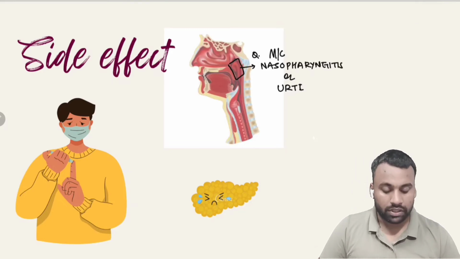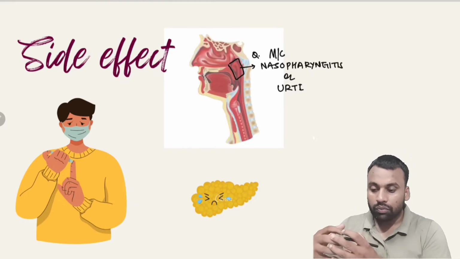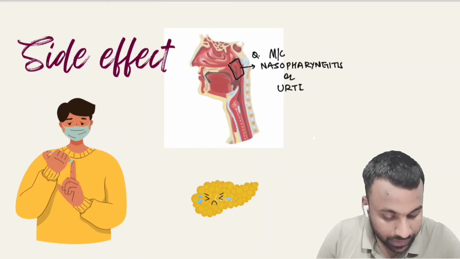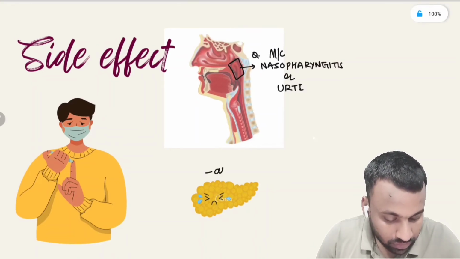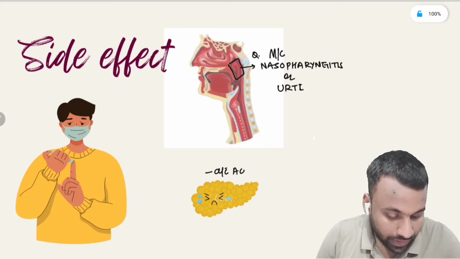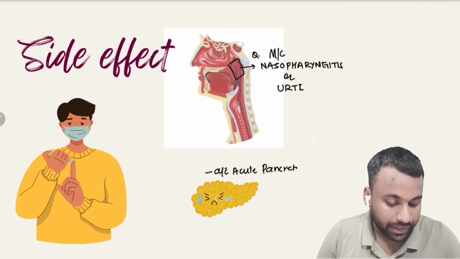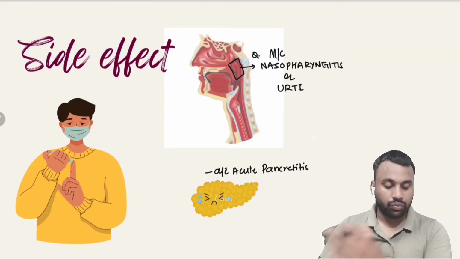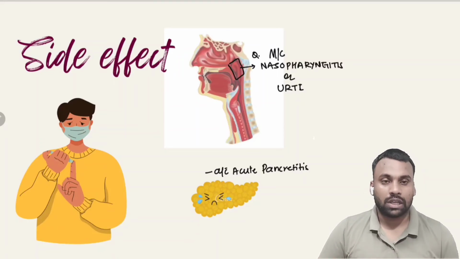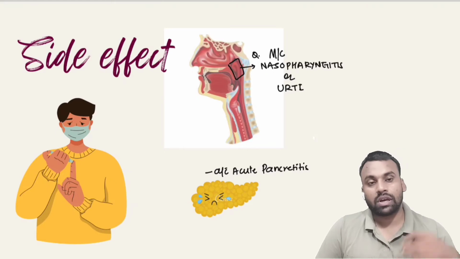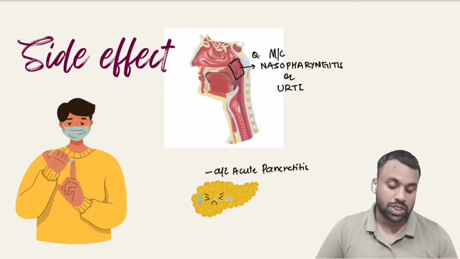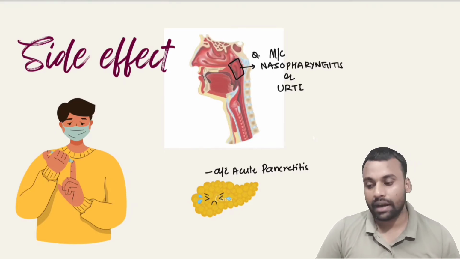It is also mainly associated with acute pancreatitis. We earlier studied the GLP-1 agonists, and some of those drugs are also responsible for acute pancreatitis in that group.